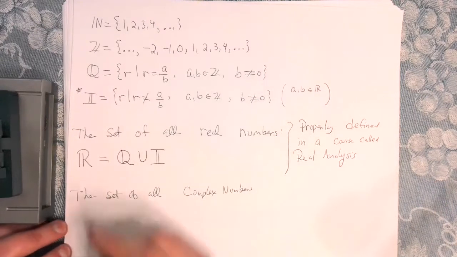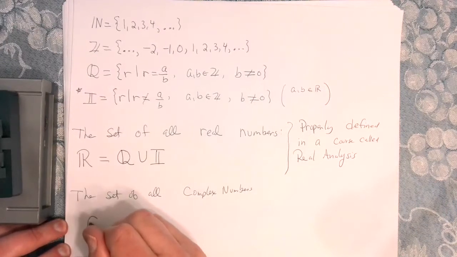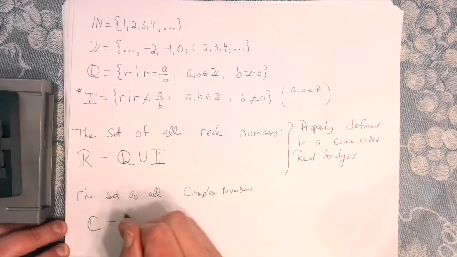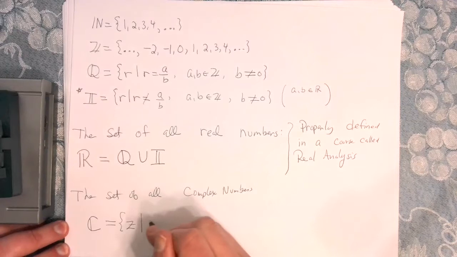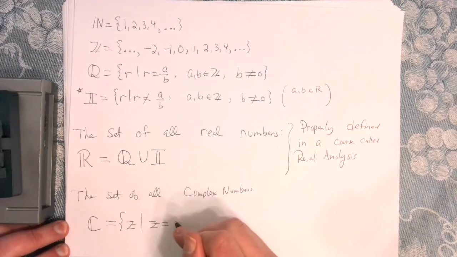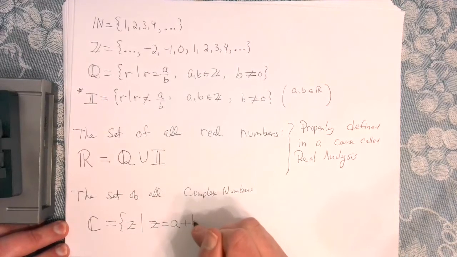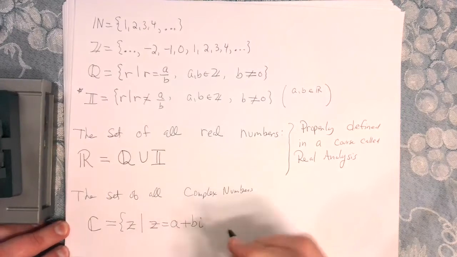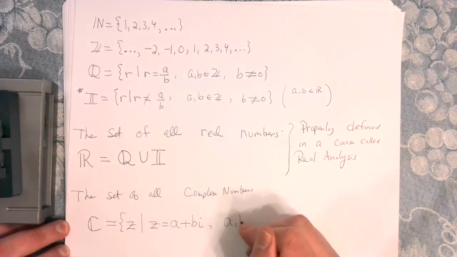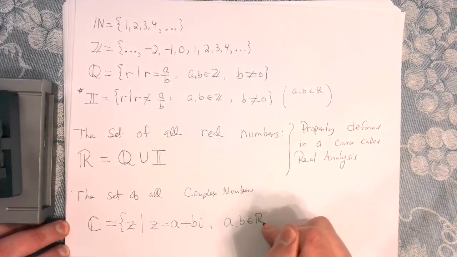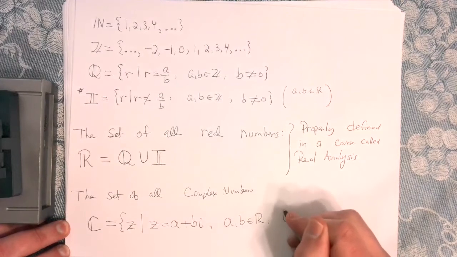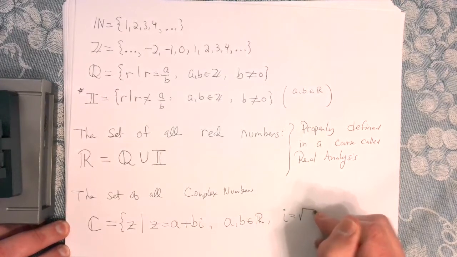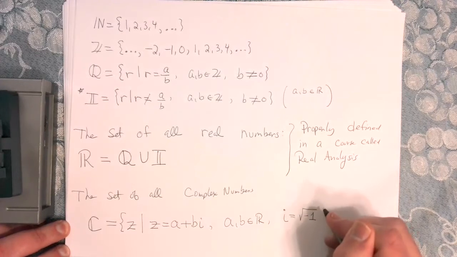Okay, so the set of all complex numbers, this is going to be C bar. This is the collection of all numbers, let's call them z, such that z can be expressed in a plus bi form, where a and b are real, and i is equal to the square root of -1.